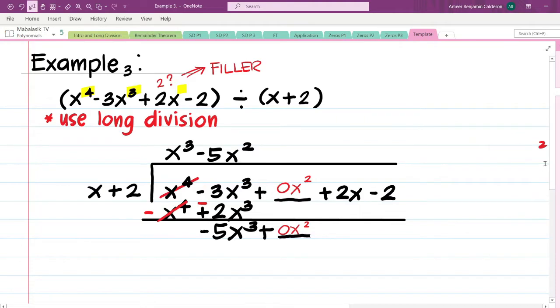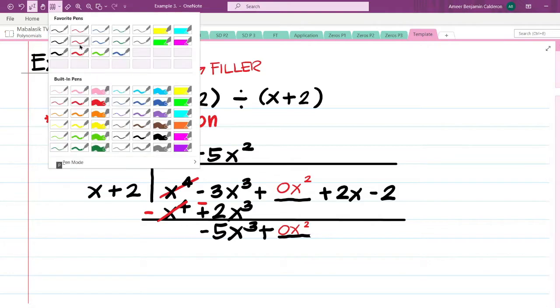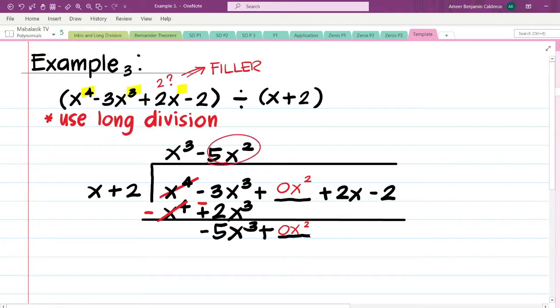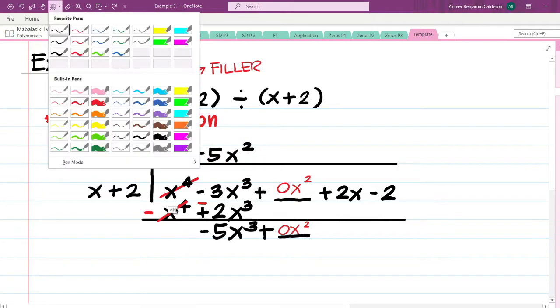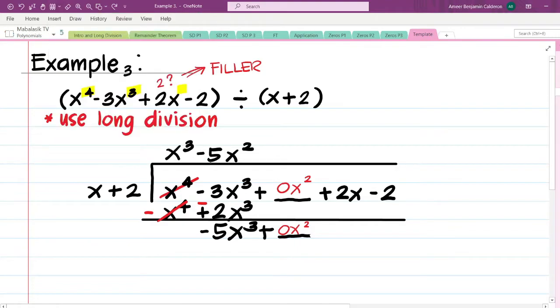Now that we have divided those two terms, let us now multiply this term to both terms of the divisor, sort of distributing. So we have negative 5x squared times x, that's negative 5x cubed. Then negative 5x squared times positive 2, that's negative 10x squared.